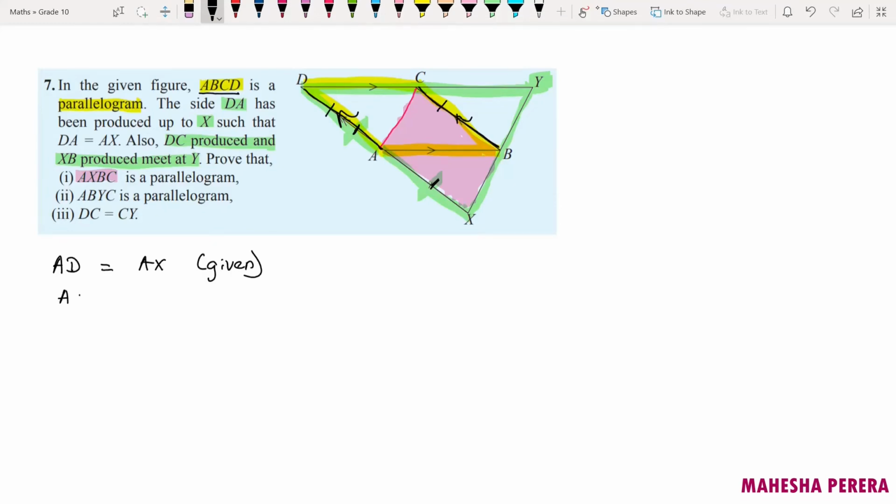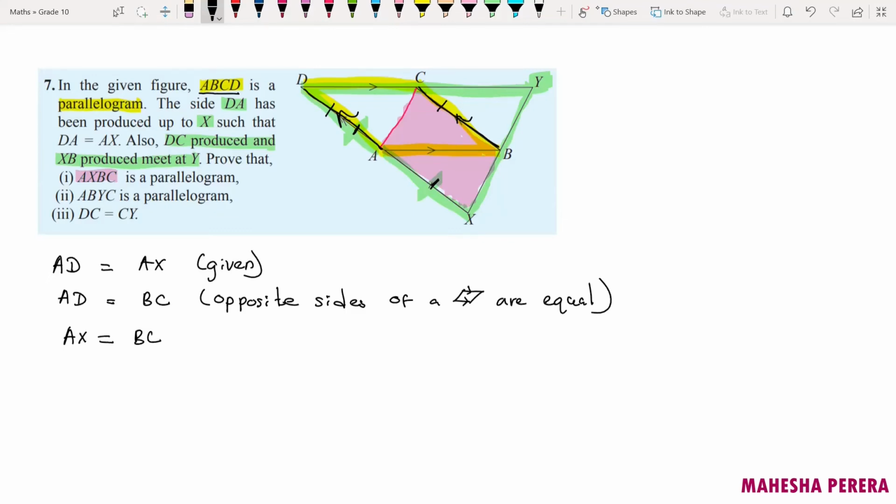So AD equals BC. If AD equals AX and again AD equals BC, that means AX should be equal to BC, right? So our AX is here, and BC is here. So these are two opposite sides of that quadrilateral, this pink color one, right?